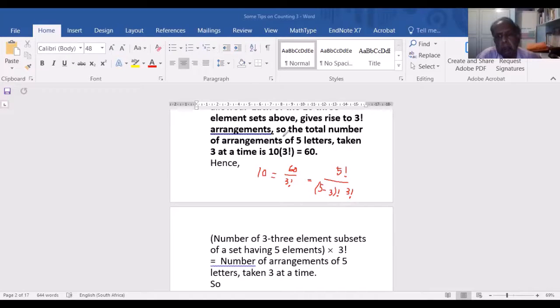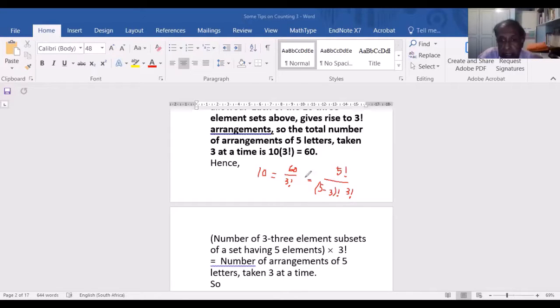Okay, so the numbers in this formula are just 5 and 3. The total number of subsets of 3 elements, each having 3 elements taken from 5 elements, is this thing here where you get 5 factorial over 5 minus 3 factorial times 3 factorial. 5 is the total number of elements in the set, and 3 is the number of elements in the subset.